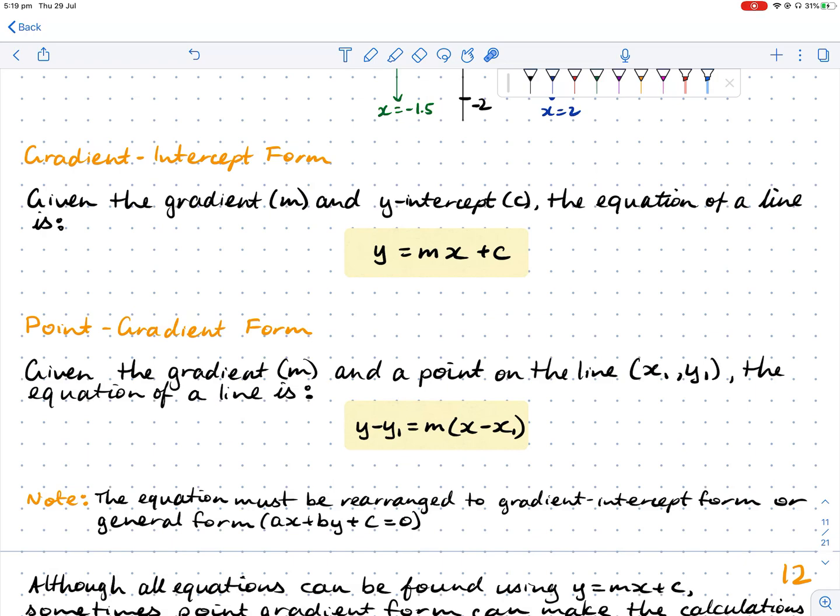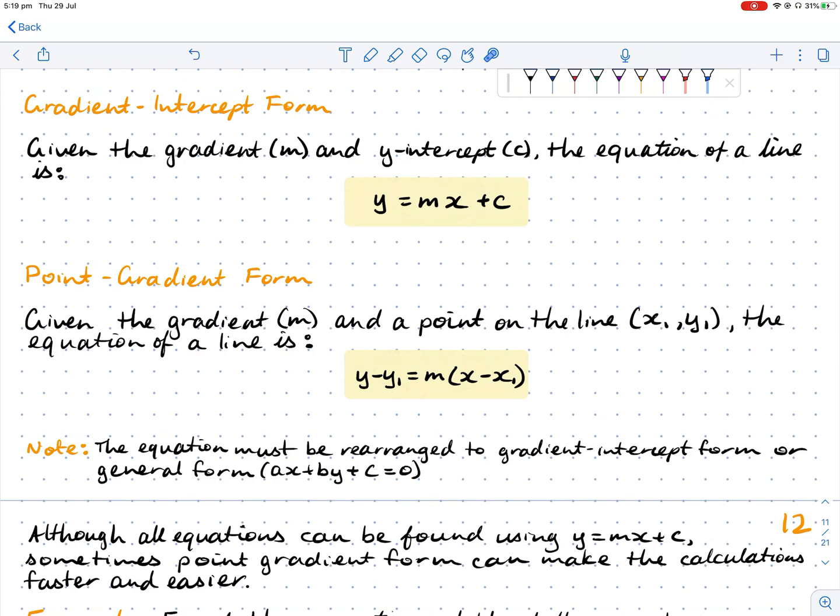So when we go to write out our solution, we need to write it either in gradient intercept form or that other special form that I mentioned before called the general form. So the general form is the equation ax + by + c = 0. Basically we put all of the values on the same side of the equals and then the other side is 0.